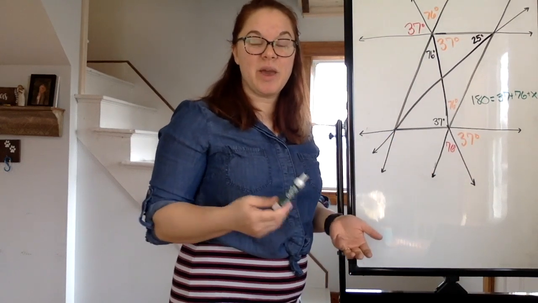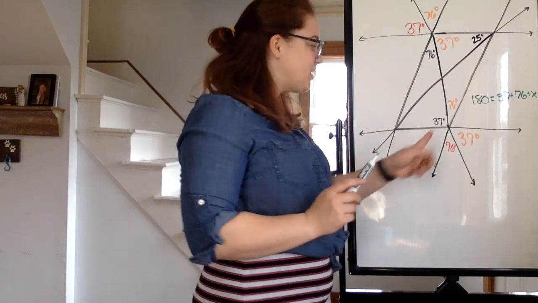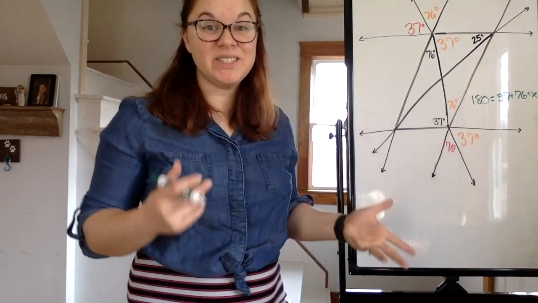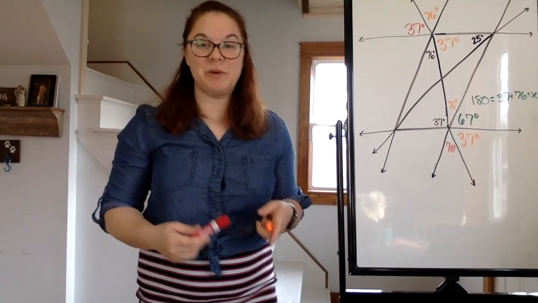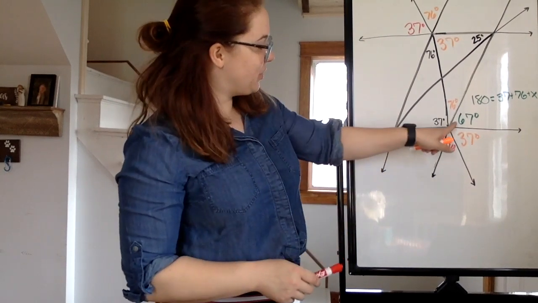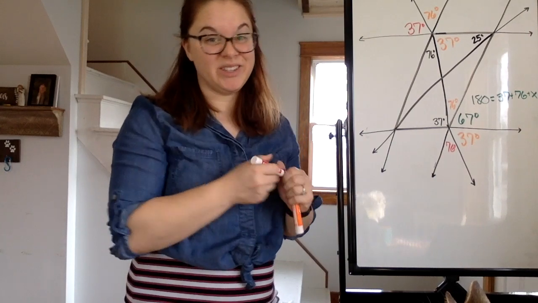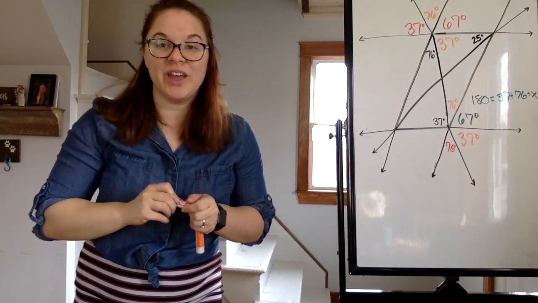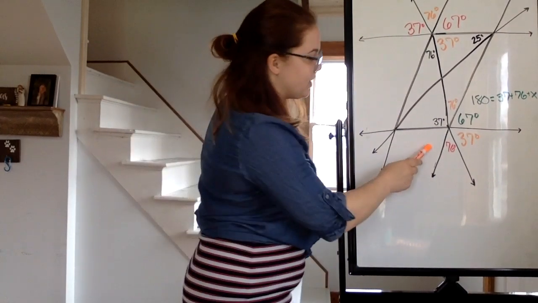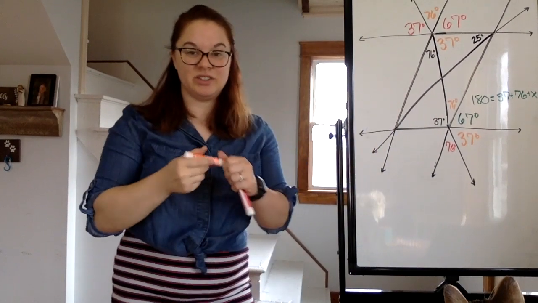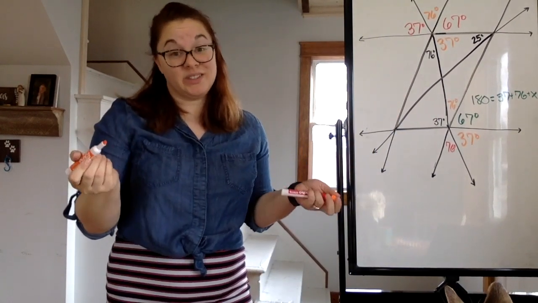So I can use some algebra to figure out that this unknown angle is 67 degrees. I then can use a corresponding angle to know that this is also 67 degrees. Then I use my vertical angles to find these 2 measures, also 67 degrees.